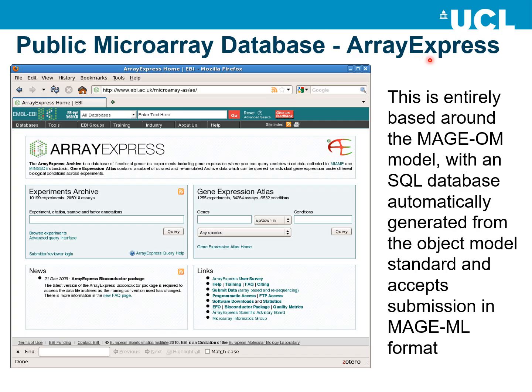So he based this database on the MAGE-OM standard and used the XMI file to automatically generate a SQL database schema from the MAGE-OM standard, and also an object model, so that there was an object relational data conversion. So you could store MAGE-OM data as MAGE-ML markup language into this SQL database and take it out in terms of the object model. So there was this flow of data.